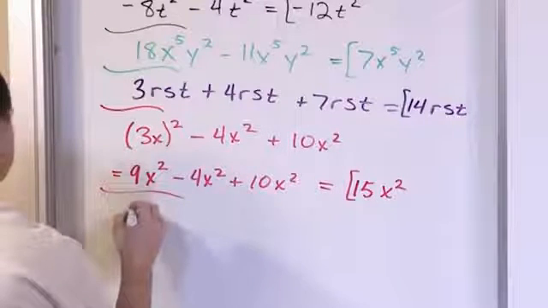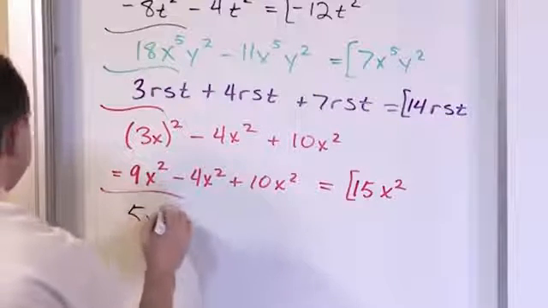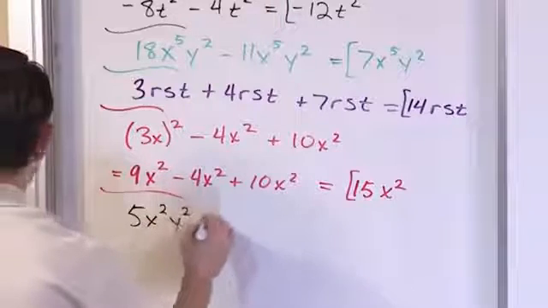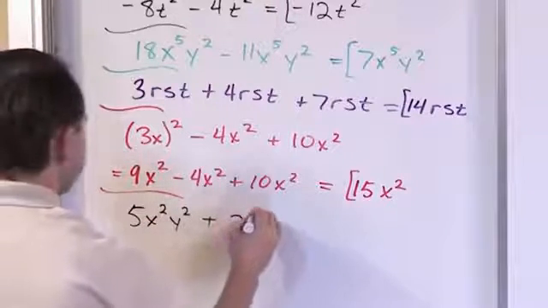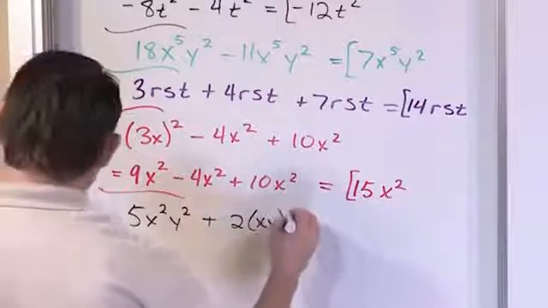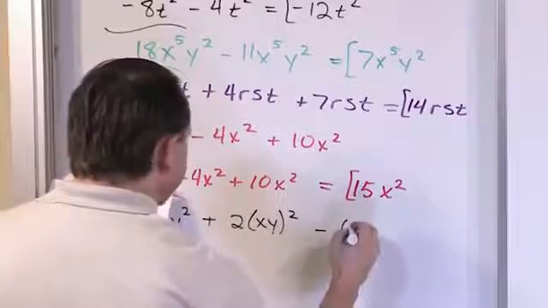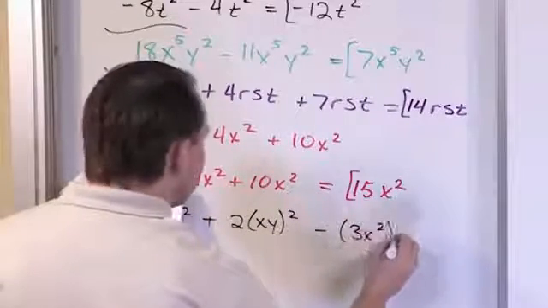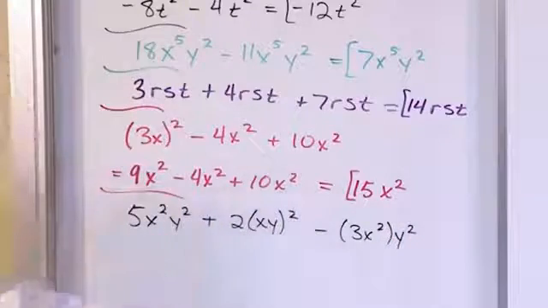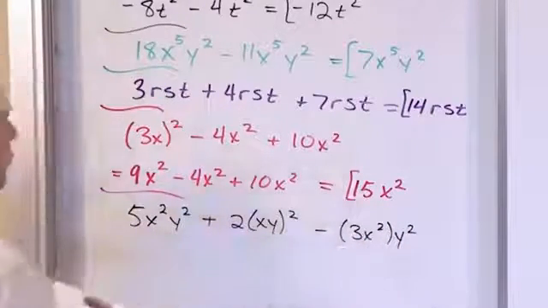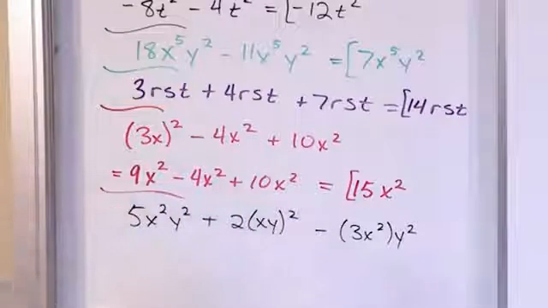All right, so let's have 5x squared y squared plus 2 times x times y squared minus 3x squared times y squared. So some of these problems are getting to look a little bit weird to force you to use some of the knowledge that you've used before.